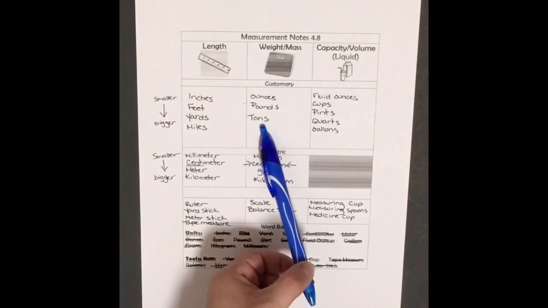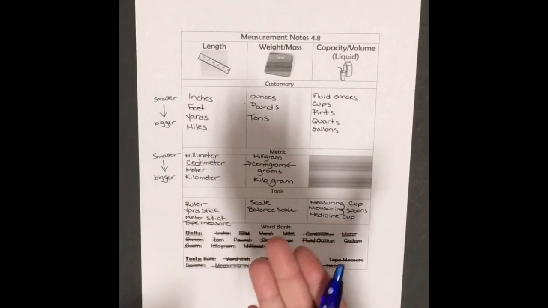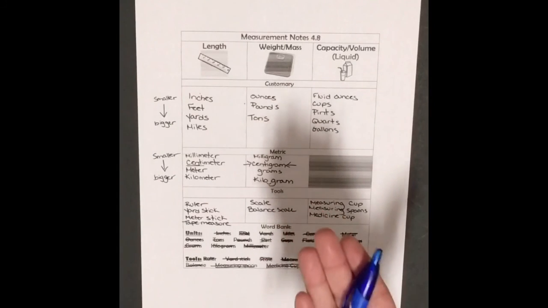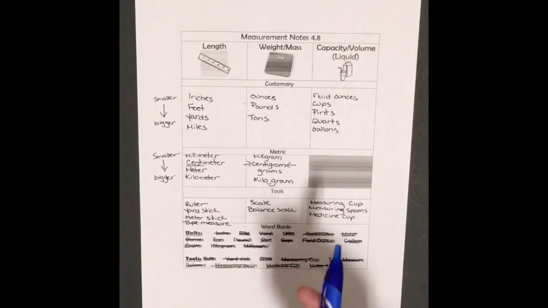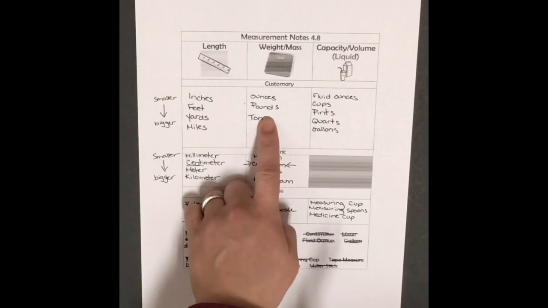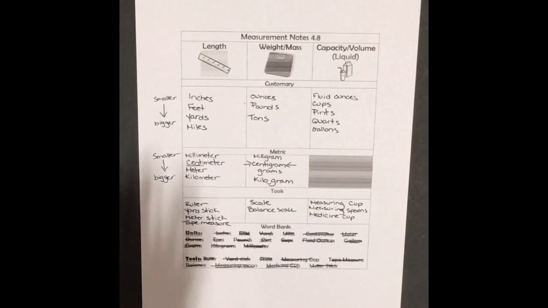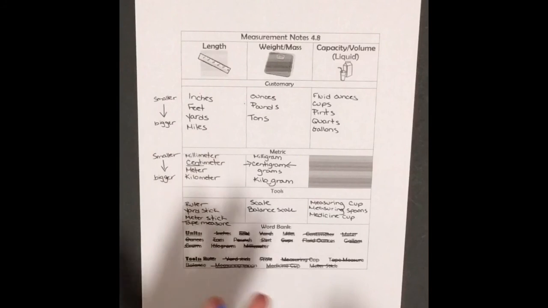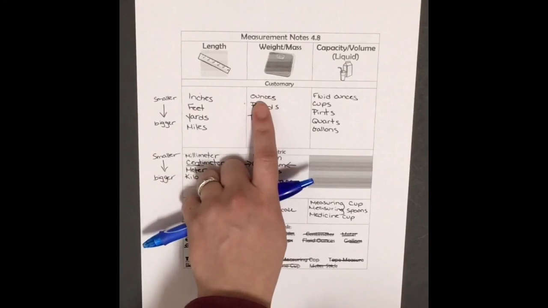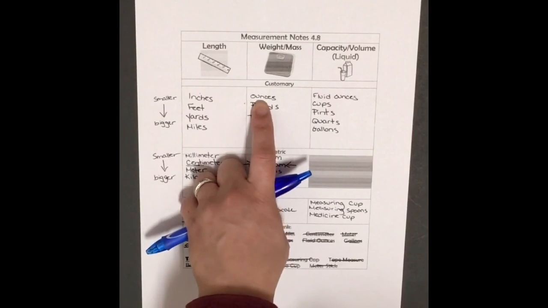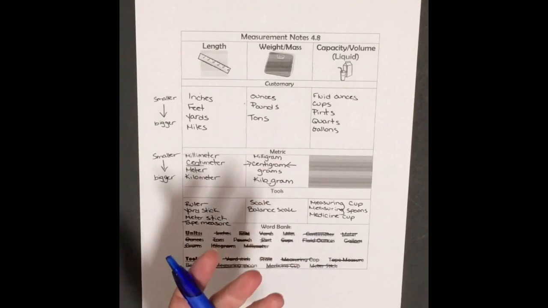No, this is nowhere near even 1 ton. That would not be appropriate. Would I use pounds? No, same thing. It's not even near a pound. It wouldn't be appropriate. But ounces certainly would be. What about in the metric system? What would I use there?